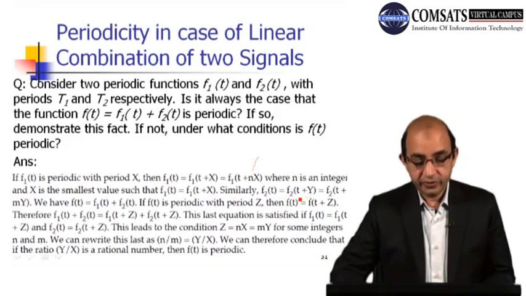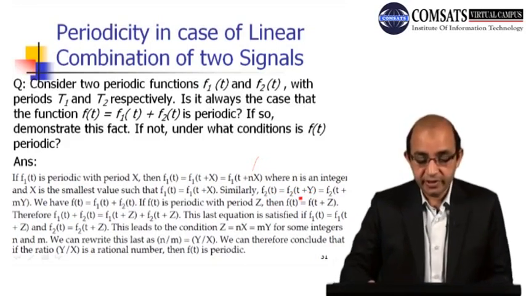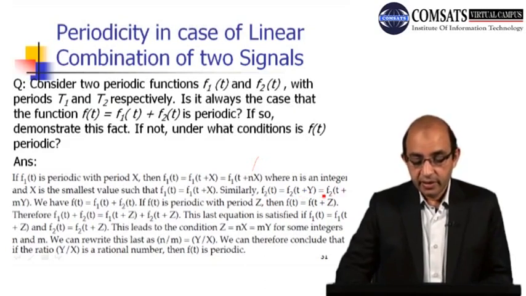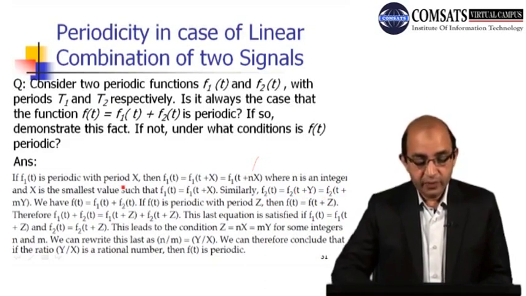Similarly we can do this for the second signal, and here we are using y to have some sort of differentiation: f2(t + my), where m is the smallest possible value.